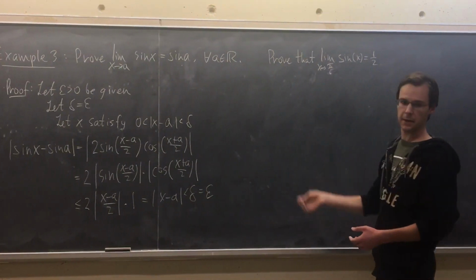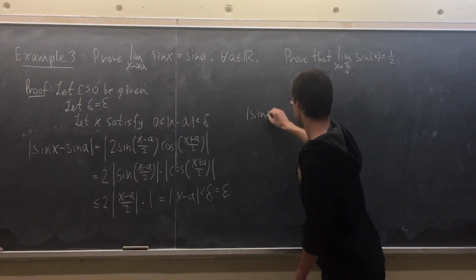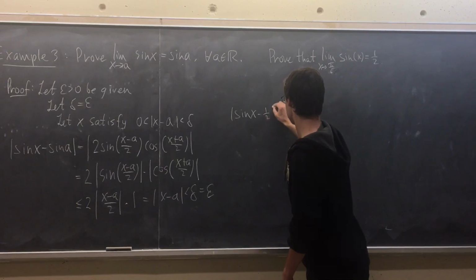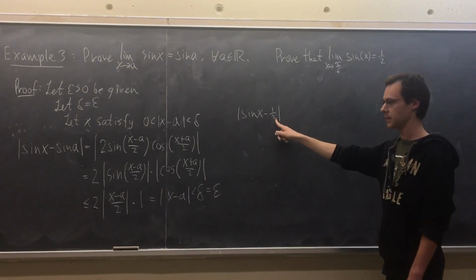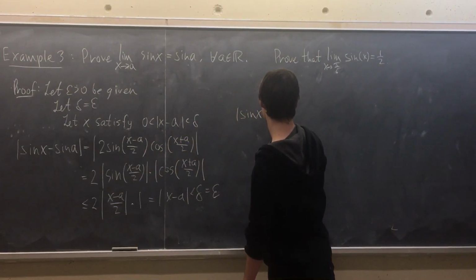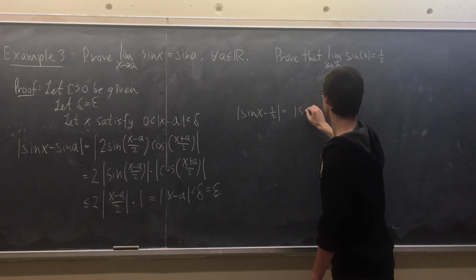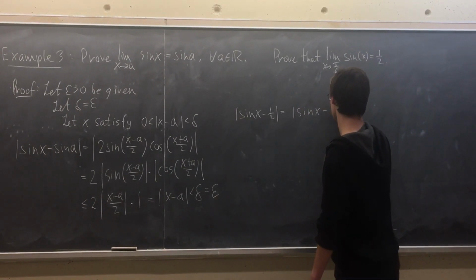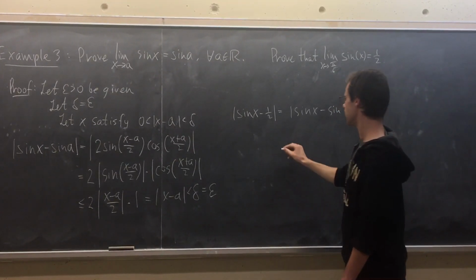So I'm not going to write out the let statements again, but if we begin with abs sin x minus a half, we see that the trick we need in order to simplify this is this identity. So we take 1/2 and write it as sin of something. Sin of what? Well, pi over 6, of course. And now we can apply our identity.